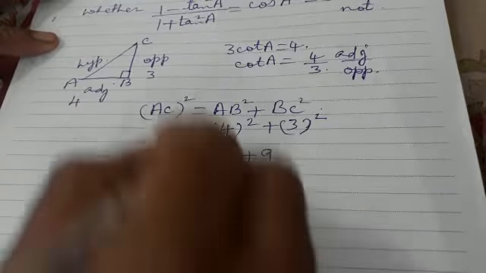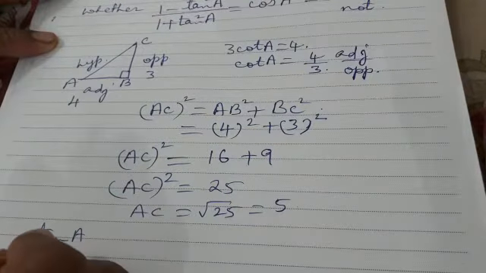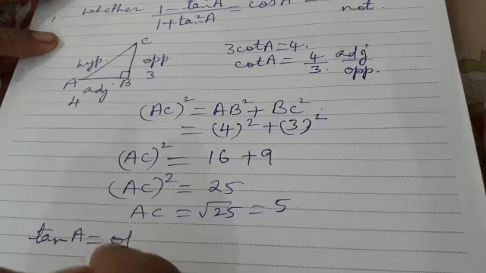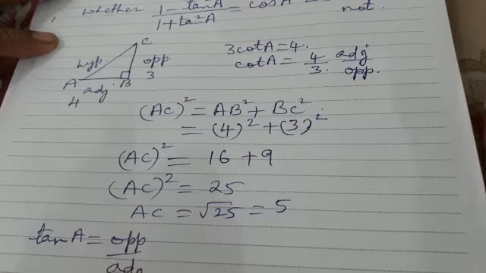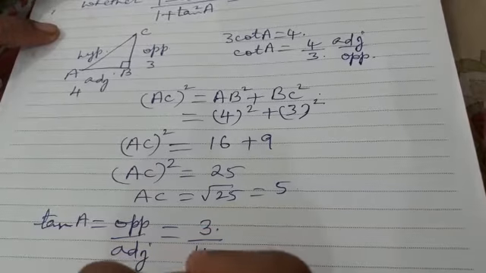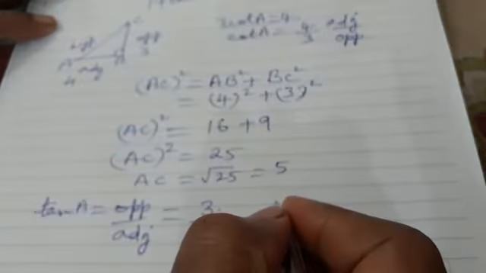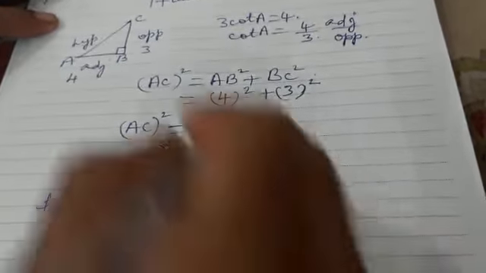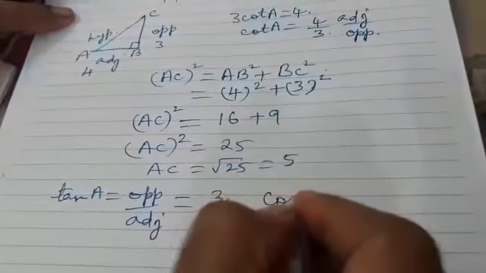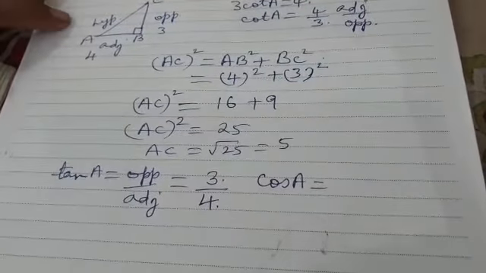Now we have to find out tan. Tan A is nothing but opposite upon adjacent. Opposite is 3, adjacent is 4. First let us solve this, then let us find out cos A and sin A also, as it will be helpful in this formula. So cos A is adjacent upon hypotenuse.